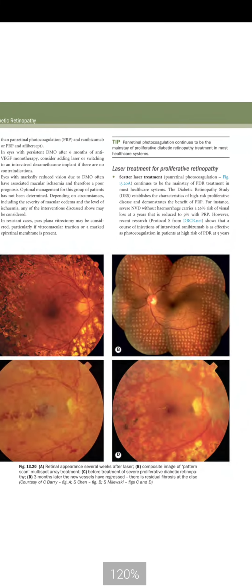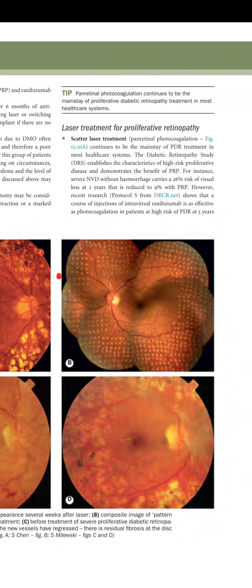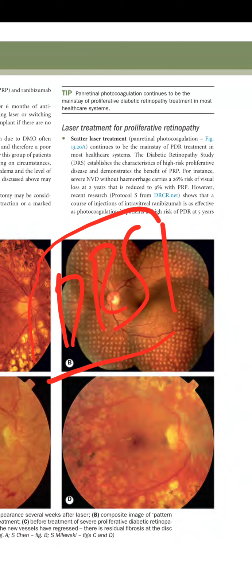So first, we are going to discuss different studies. There is the DRS study, which basically shows that in a case of high-risk proliferative disease, there is a benefit of PRP.